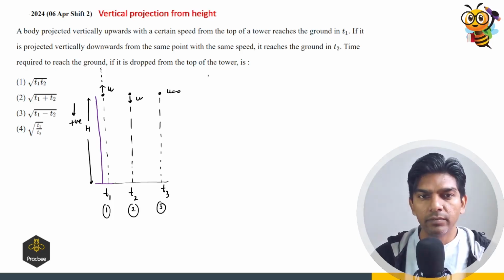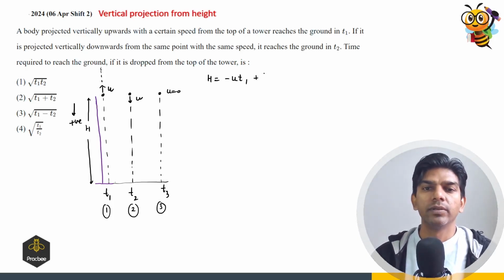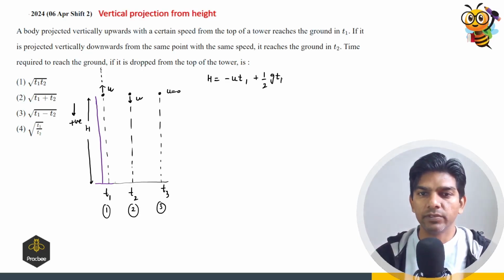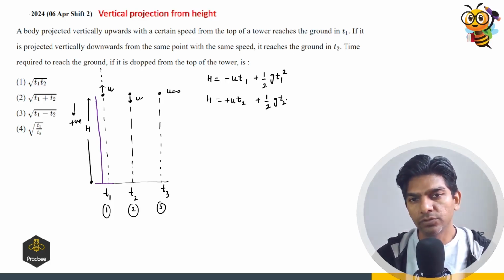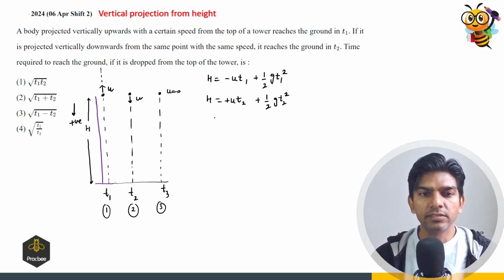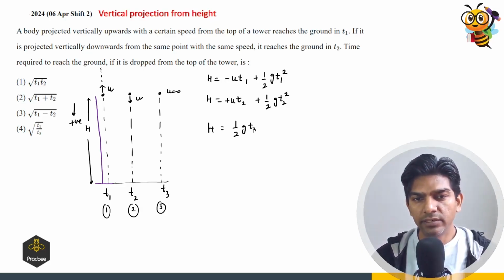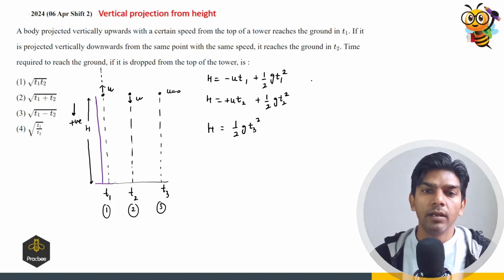So h equals minus u t1 plus half g t1 square. For the second case, h equals plus u t2 plus half g t2 square. For the third case, h equals half g t3 square because u is 0.